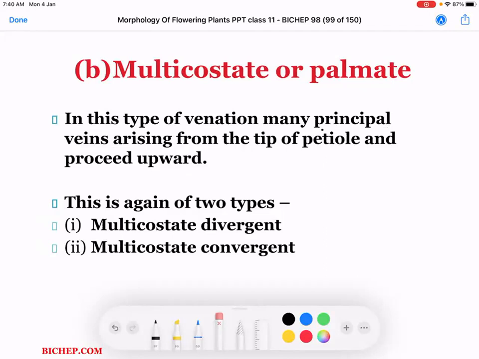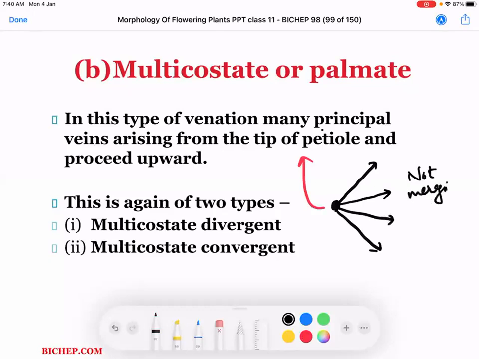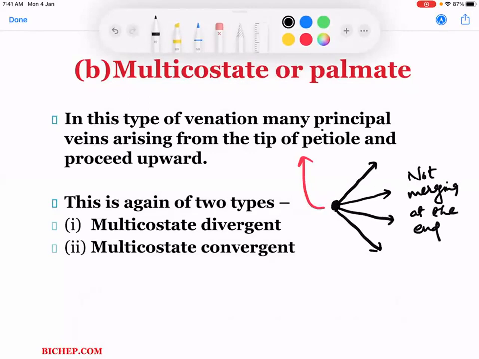Divergent is when they arise from a particular point, for example, produced from the tip of the petiole, and when they are produced, they are not merging at the end, then it is divergent.